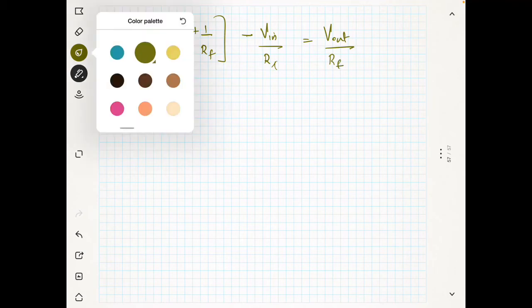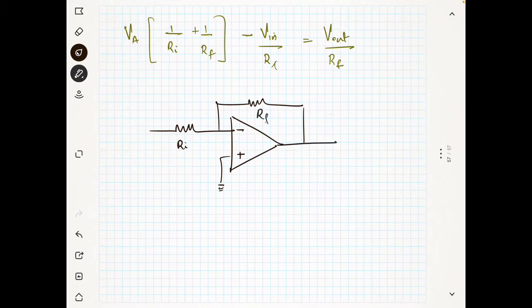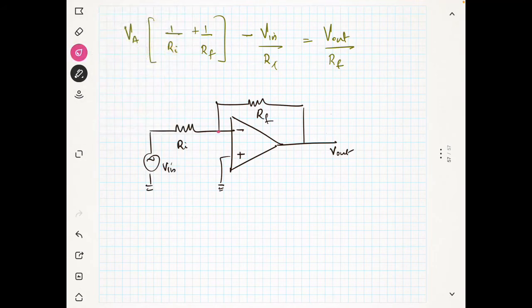I will redraw the circuit again for your convenience. Same thing, RI, and this is your RF, and this is your V out, and this is your V in. We have this voltage as VA, and I told you this is 0 volt.